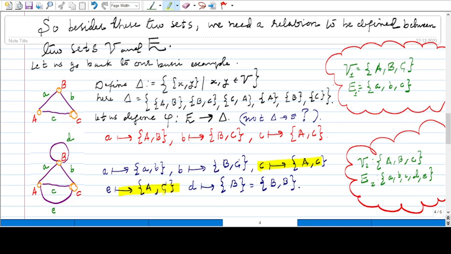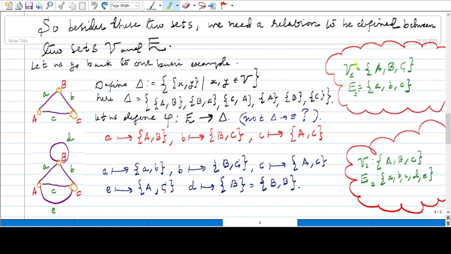Also, it is not necessary that between every pair of vertices there is an edge. In that case also it fails to become a function because you don't have an image, and for a function you need an image. So it's very clear that my function should be from E to delta.